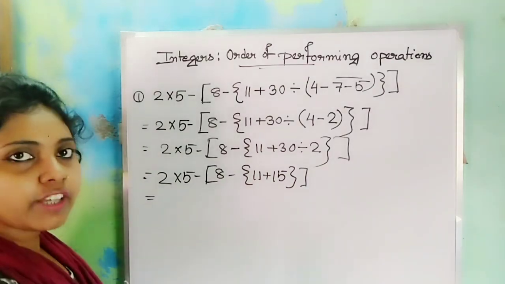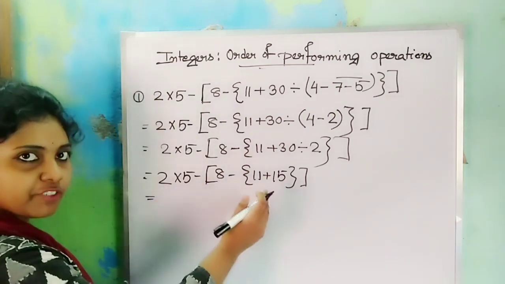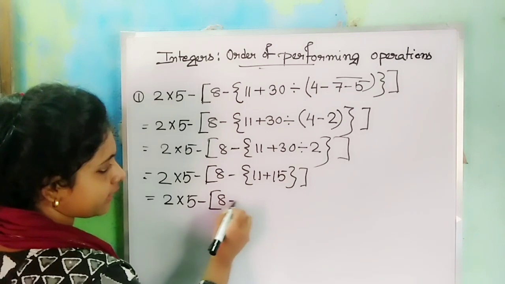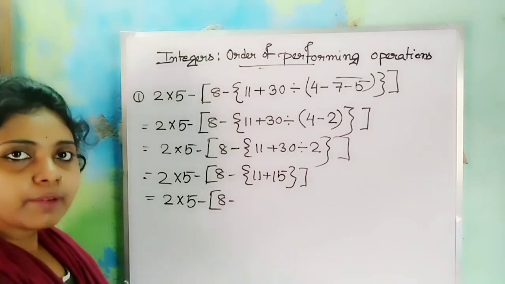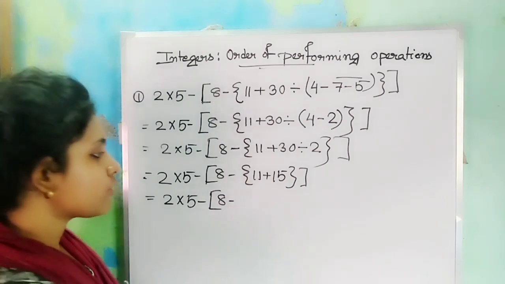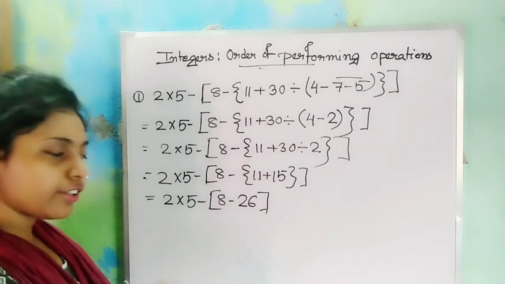Next we have to do 11 plus 15 in the second bracket. So 2 into 5 minus third bracket 8 minus 26, and this 11 plus 15 means 26. Third bracket closed.